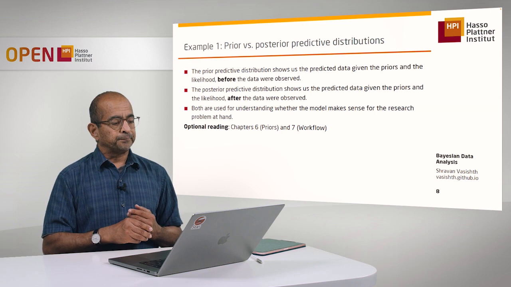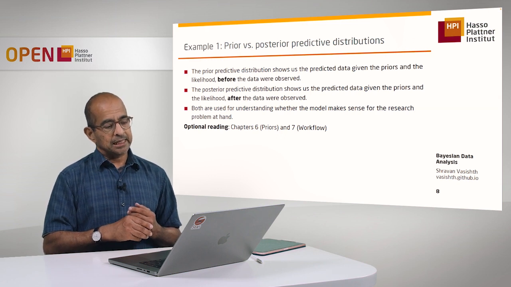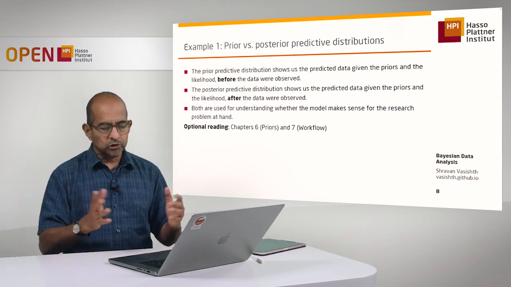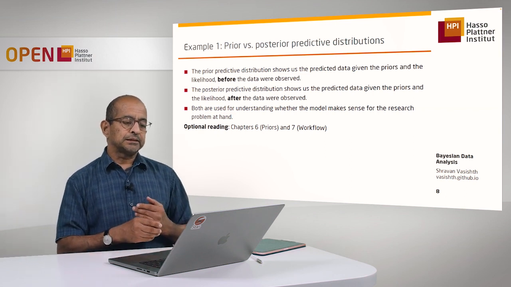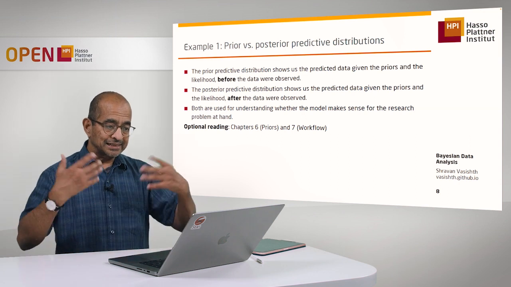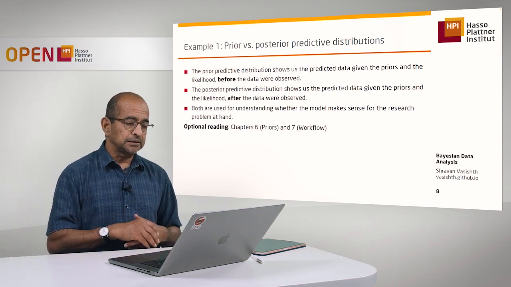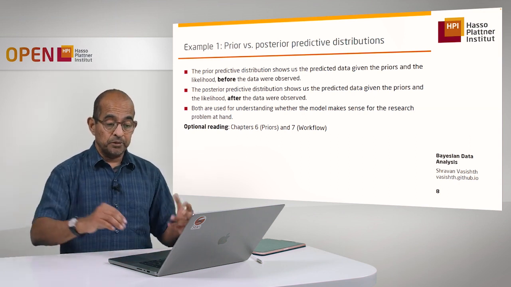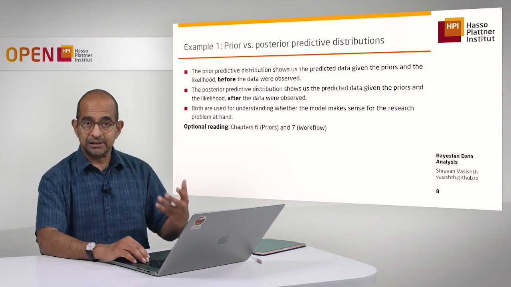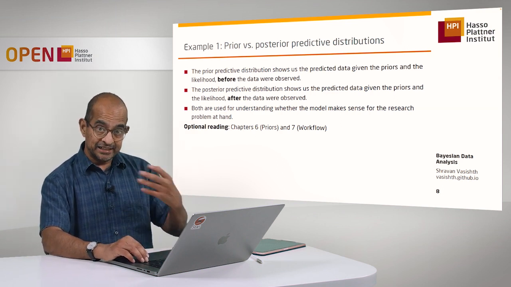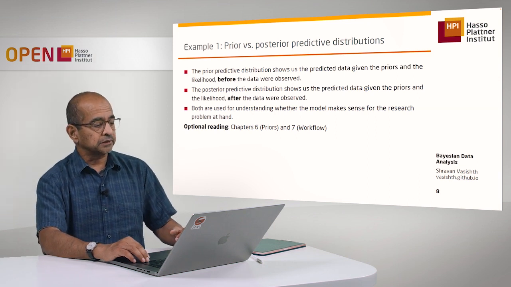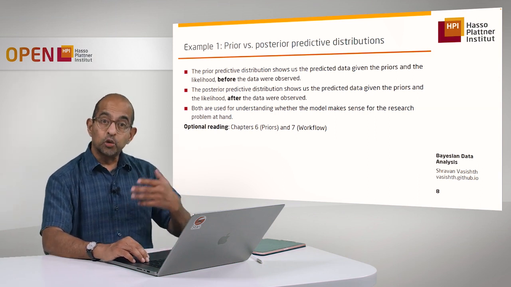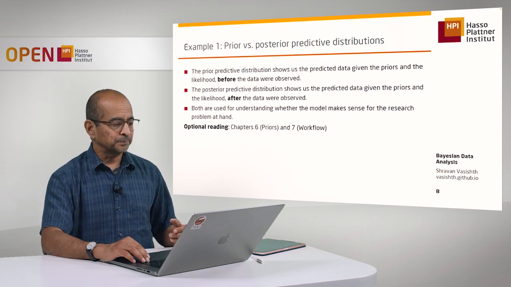What I would suggest is that, not during this course, but at some point in the future, you would benefit from reading chapter 6 and chapter 7, where we discuss these ideas in much more detail with many more examples. The examples help you understand the relevance of computing the prior and posterior predictive distributions in the course of doing a data analysis.